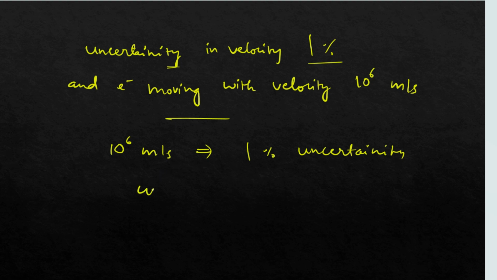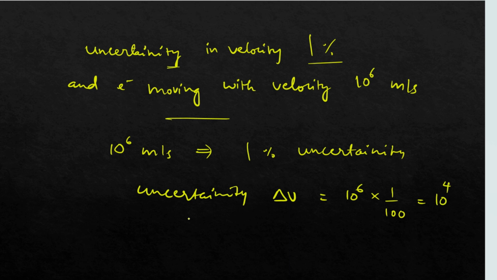So uncertainty in velocity, change in velocity, will be 10 power 6 is the value, and 1% of that, you will get 10 power 4. So change in velocity, uncertainty in velocity will be 10 power 4. You should calculate in this way.